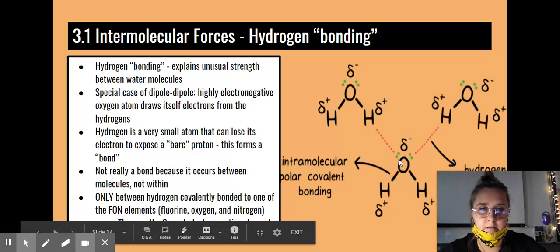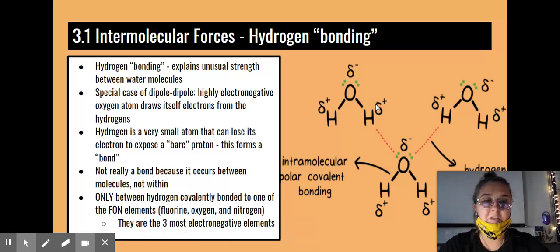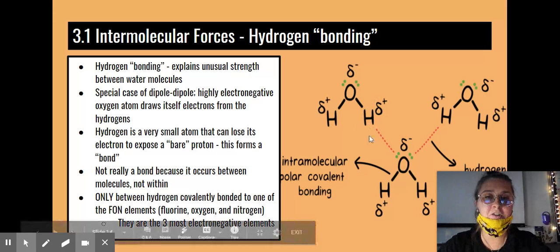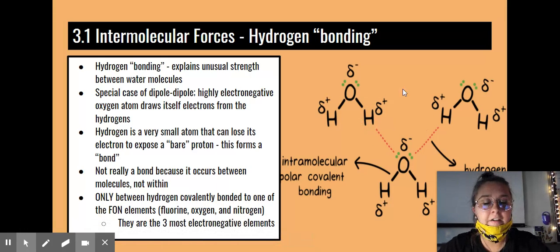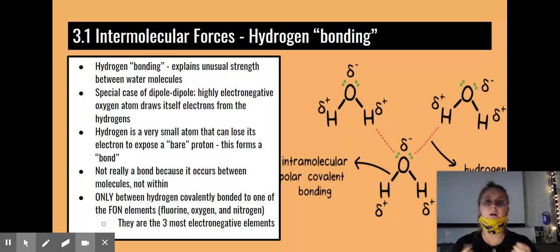And so what occurs then is that negative charge attracts this bare proton from another water molecule. And if you see this little red dotted line here, that represents the hydrogen bonding. It's a very strong dipole polar attraction between these molecules.